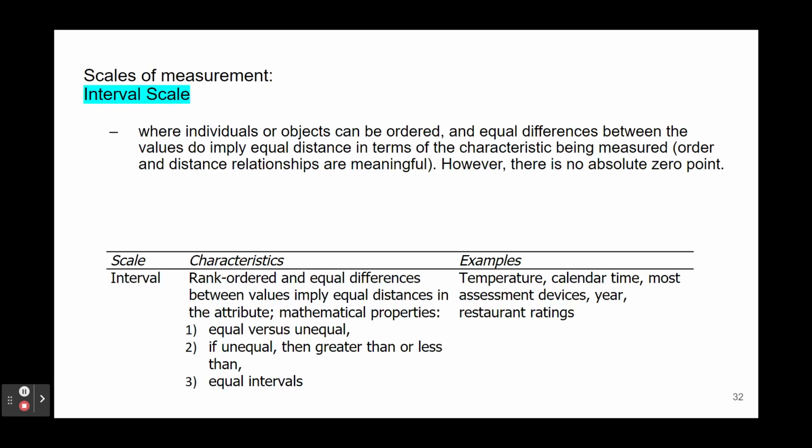Interval scale, now getting a little bit more challenging. In an interval scale, the number represents a meaningful metric. Numbers start to represent something. So somebody needs to define what you mean by one. 1 inch, 1 second, one more dollar, right?